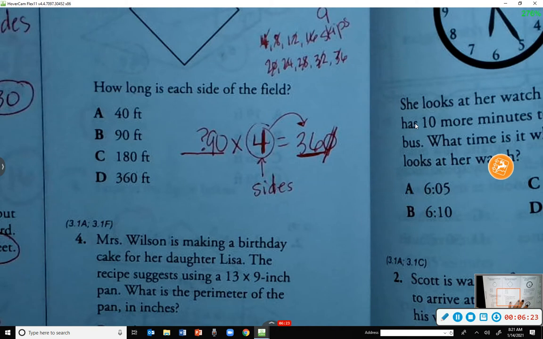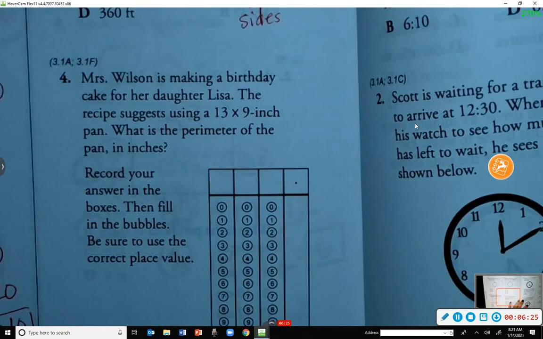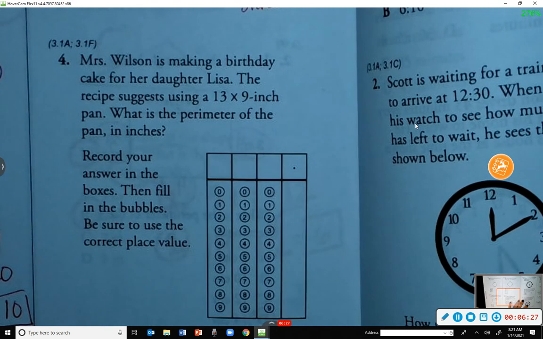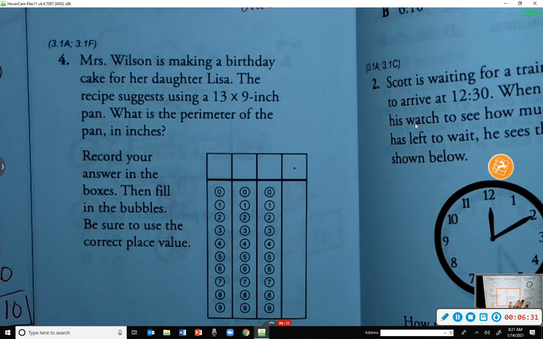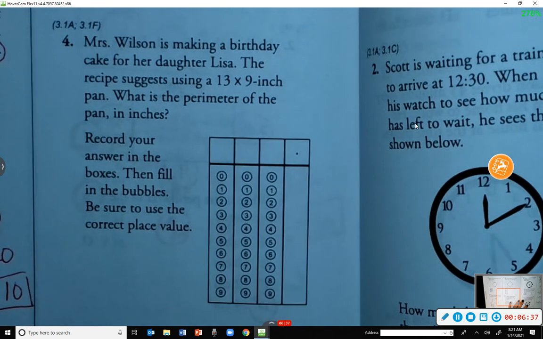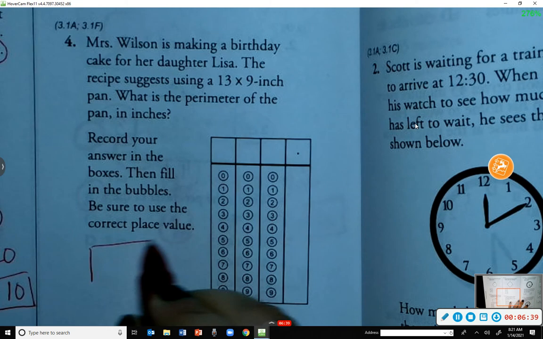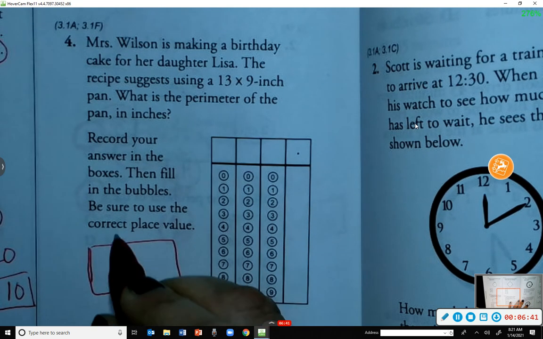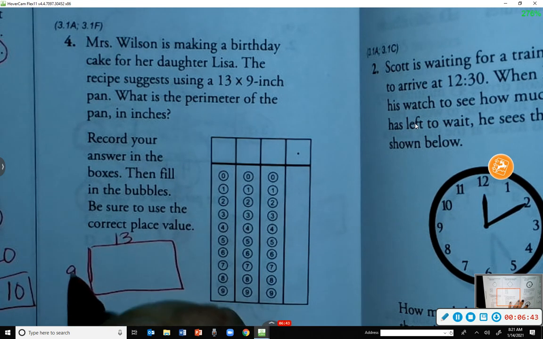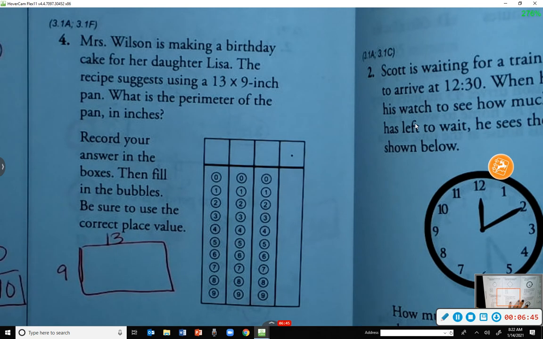Number 4, Mrs. Wilson is making a birthday cake for her daughter, Lisa. The recipe suggests using a 13 by 9 inch pan. What is the perimeter of the pan in inches? Okay, so we want to know the perimeter of the pan. It's 13 by 9. What would I do? Kelsey?